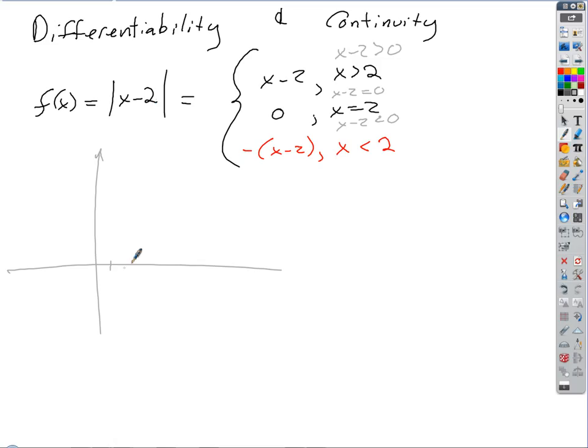So we just scoot over 2. Okay, so those are the 3 pieces, color-coded, right?